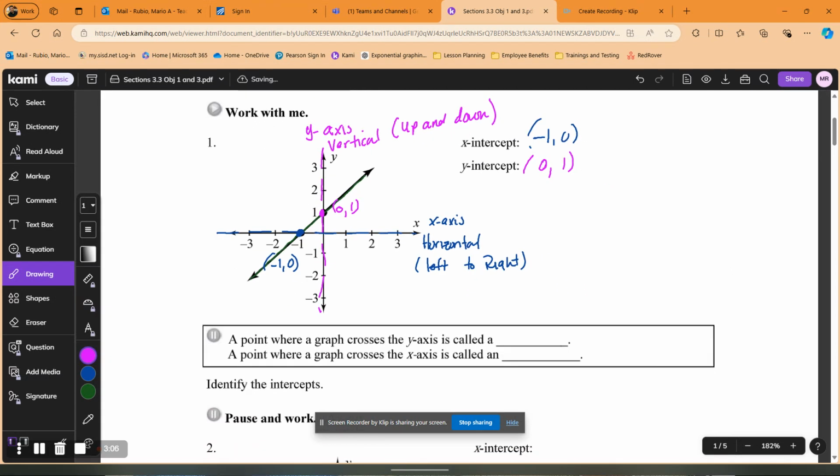Let's look at this definition. A point where a graph crosses the y-axis is called the intercept.